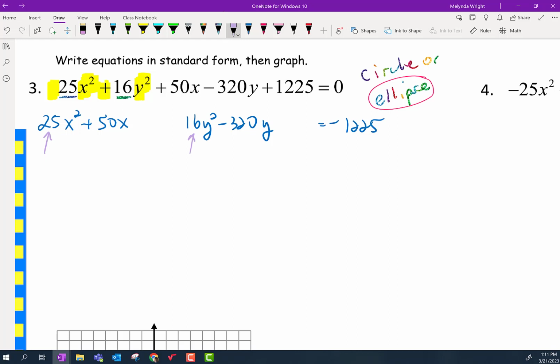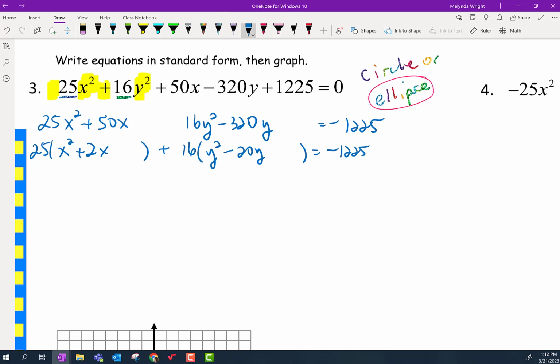So I'm going to have to factor those out of each of the two terms. We factor 25 out, and that leaves us x squared plus 2x. We factor a 16 out, and that leaves us y squared, and 320 divided by 16 is 20. Okay, so that's our next step.